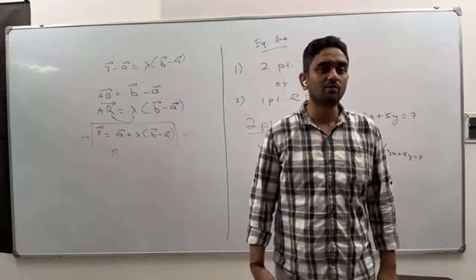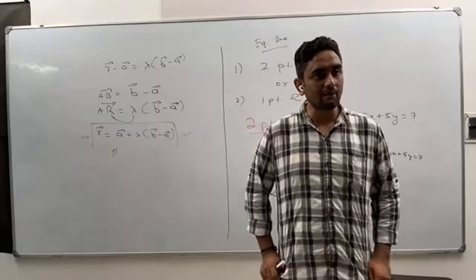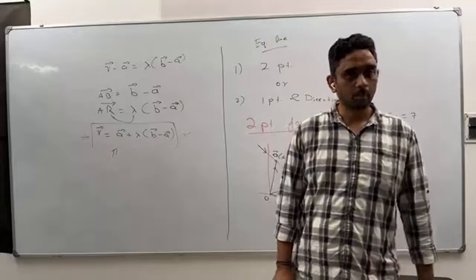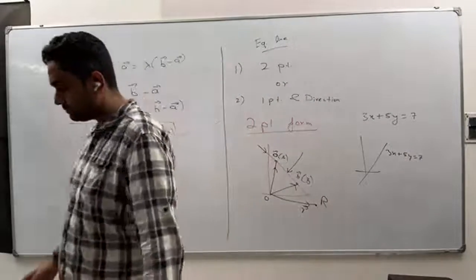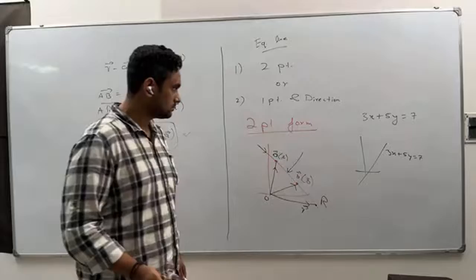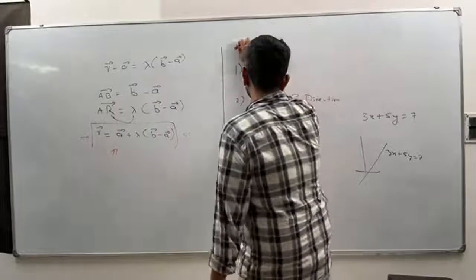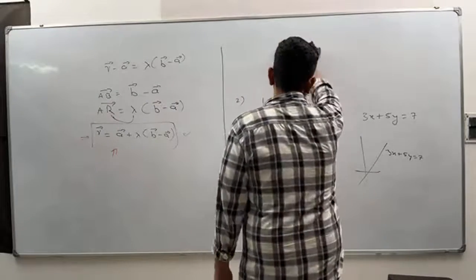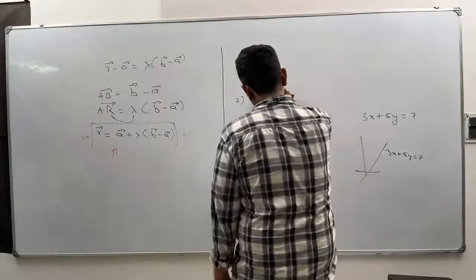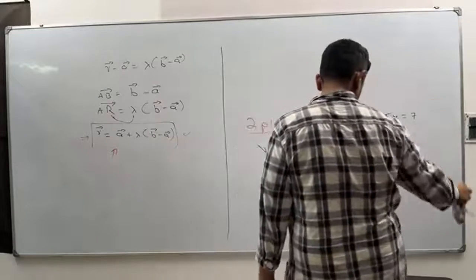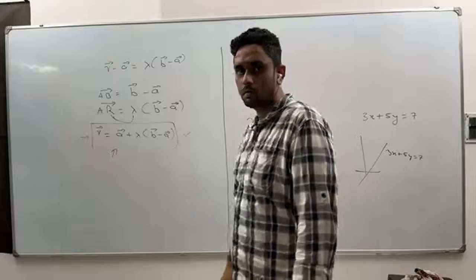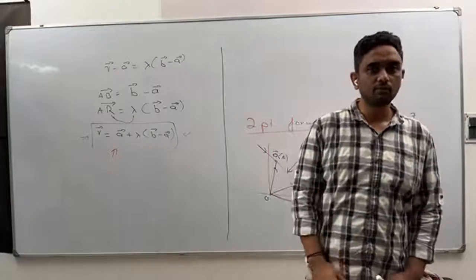That is why we leave it in terms of lambda. If I fix lambda, I get a point on the line. So this is the vector form.